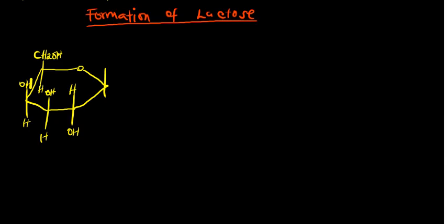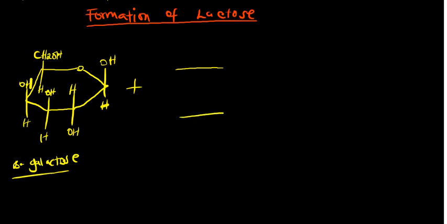So we said this is galactose, and for galactose it has to be a beta. So that means the hydroxyl group, we are going to put it here at the top. So this is beta galactose monomer. Then the other one we have, plus that of glucose now. So the structure of glucose is like this, have oxygen here.